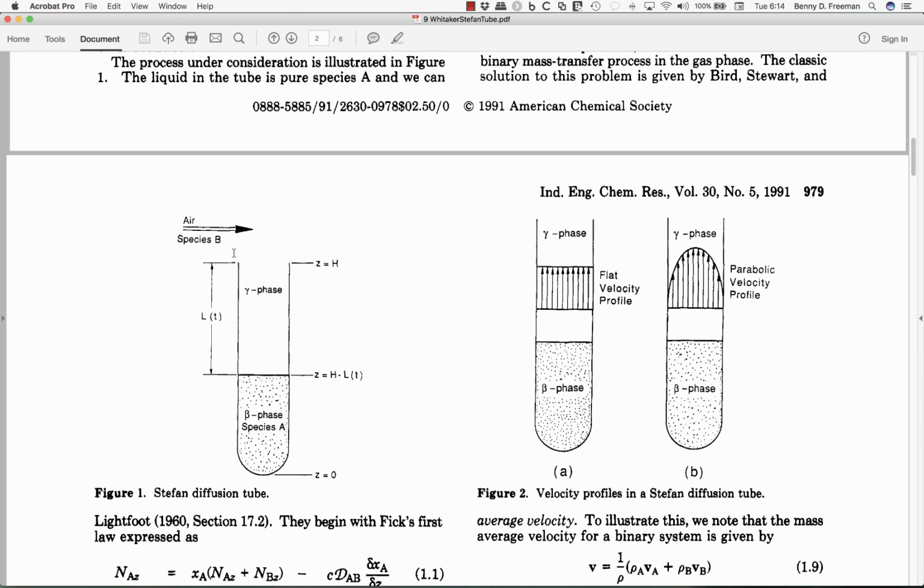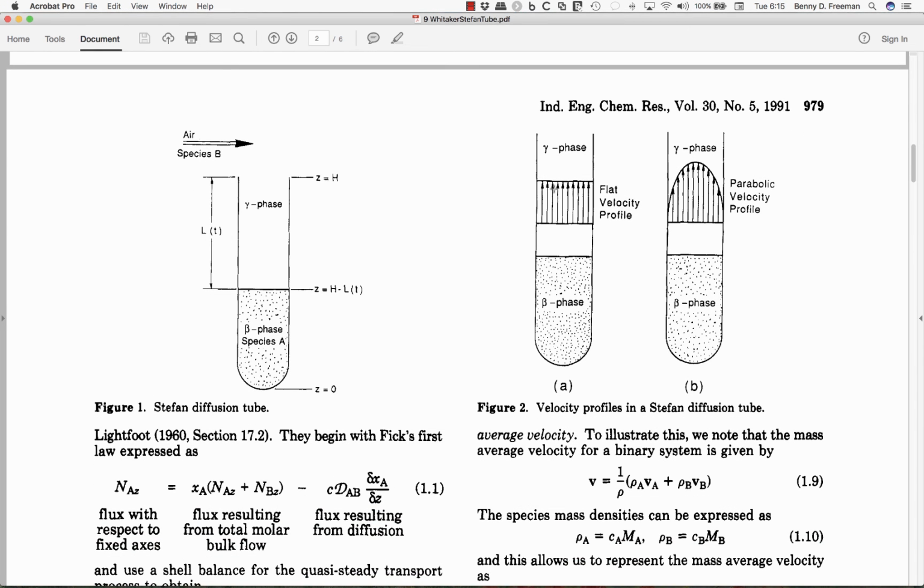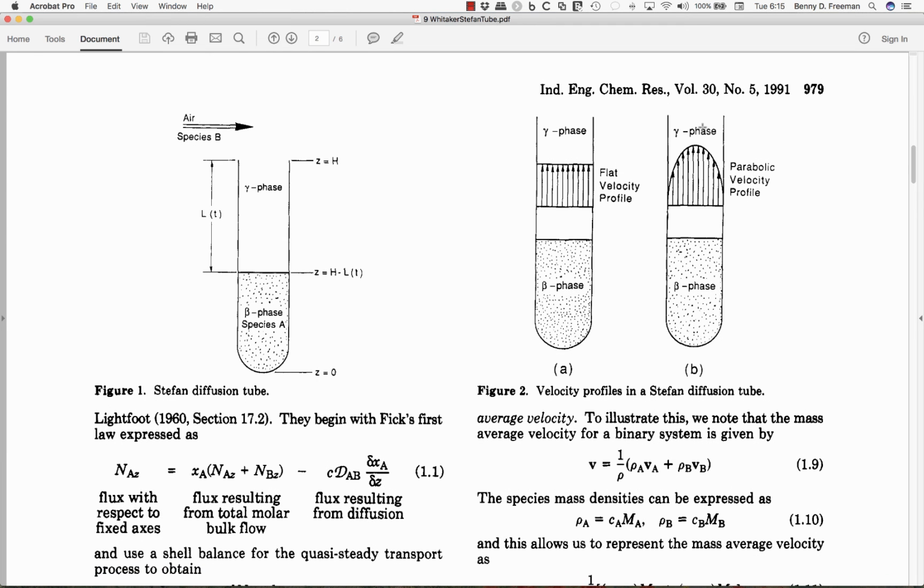So, for example, we have done this problem in the limit where we assume that the gas phase velocity profile is essentially flat. This is getting at the fact that we're treating it as a one-dimensional diffusion problem and not allowing for variations in the direction that's perpendicular to the direction of net transport.